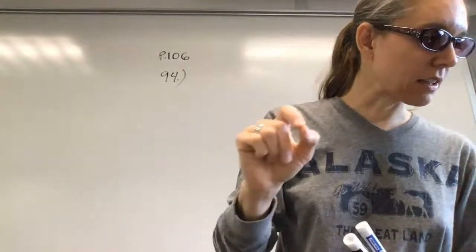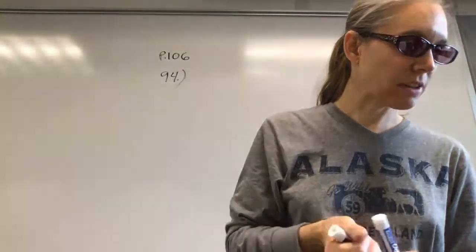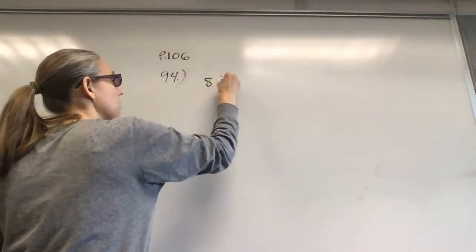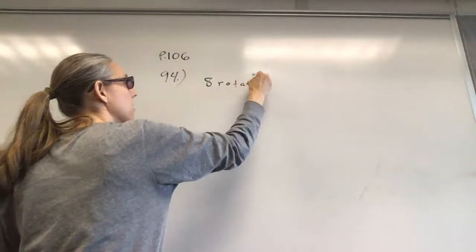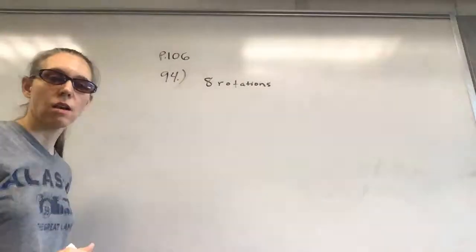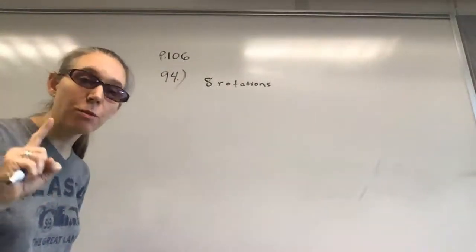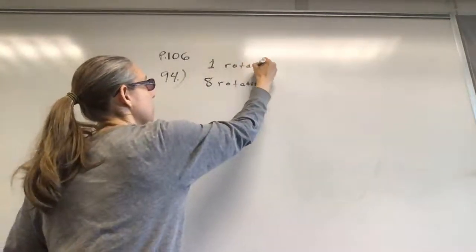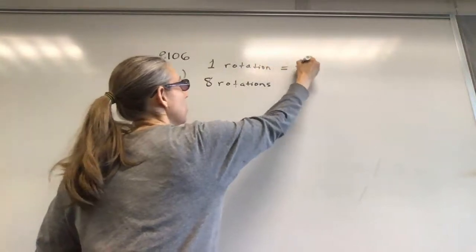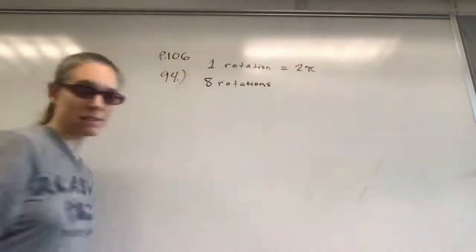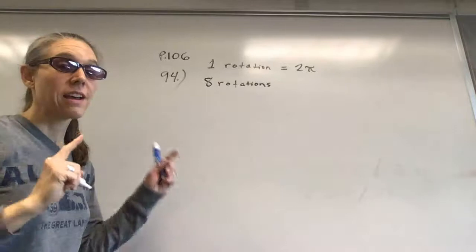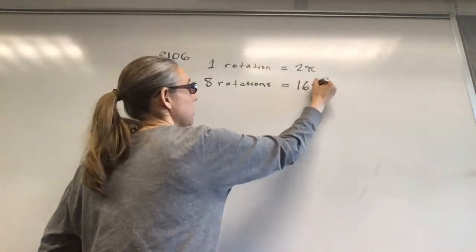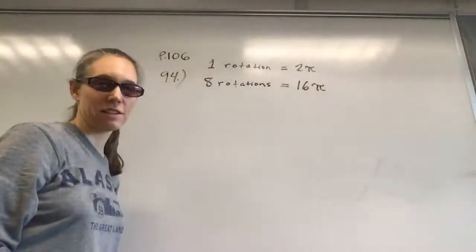Through how many radians does it turn in 8 rotations? 8 rotations. How many radians are in 1 rotation? 1 rotation is equal to 2 pi radians. Therefore, 8 rotations is equal to 16 pi radians.